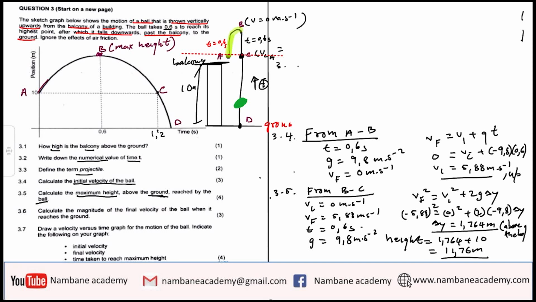Ladies and gentlemen, let's read this question. The question says, calculate the magnitude of the final velocity when the ball reaches the ground. When the ball reaches the ground. I want to do it in two ways, if you allow me to.